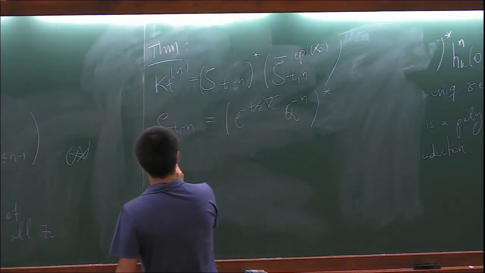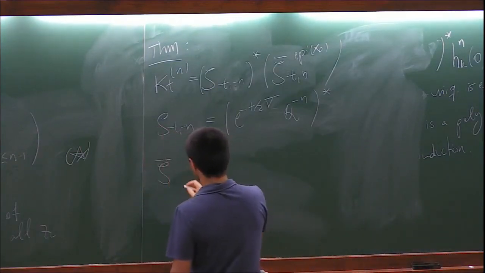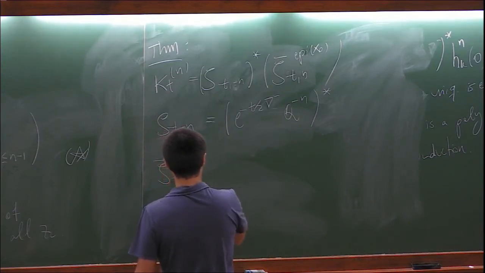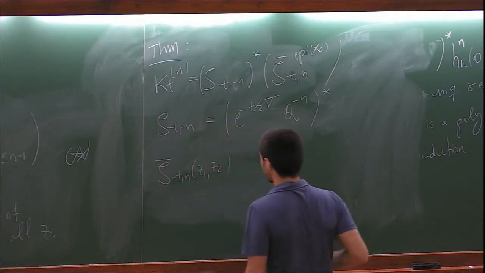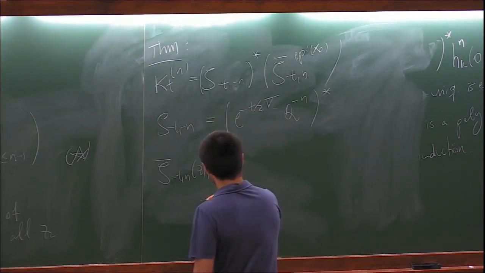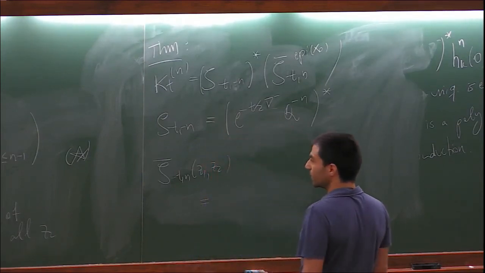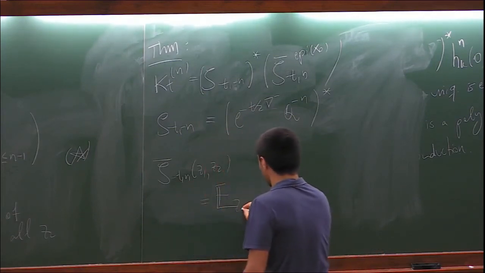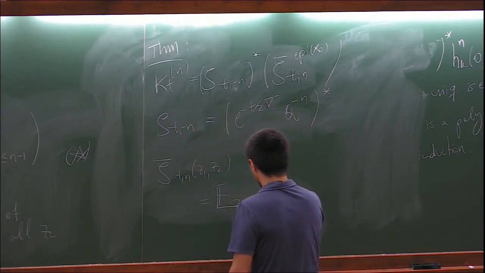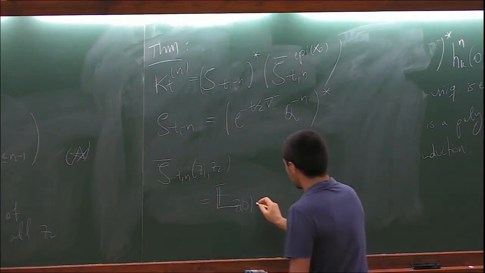And S bar minus T comma N of Z1 comma Z2 equals the following thing. So it equals the expectation. It's what I wrote there, but now with the extended Q bar.